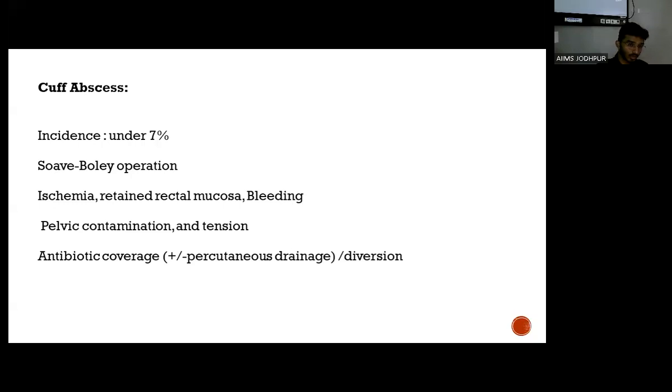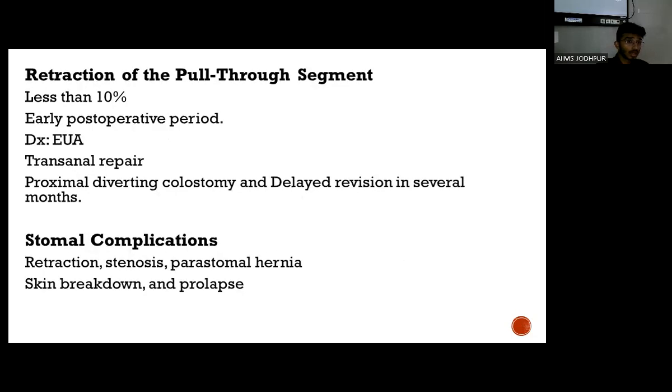It can further lead to ischemia, and the causes are mainly ischemia and retained rectal mucosa in the cuff, and also bleeding. It can be managed with antibiotic coverage, and percutaneous drainage may be required, or diversion should be performed.